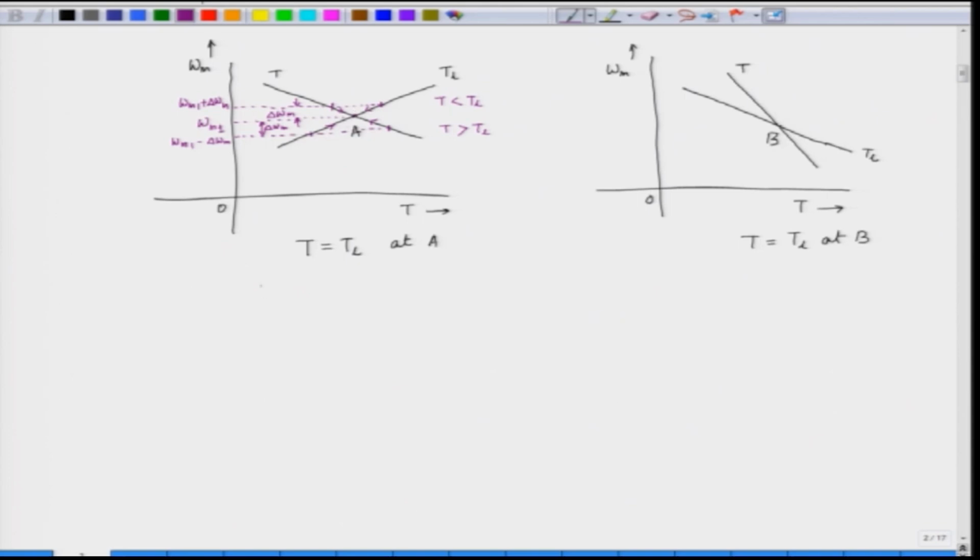So, we can say here A is a stable equilibrium point. What about B here? If you see this characteristic, which is the intersection of the motor characteristic and the load characteristic, we again give a disturbance. This was originally operating at, let us say, the point omega m 2 and the corresponding torque T 2.